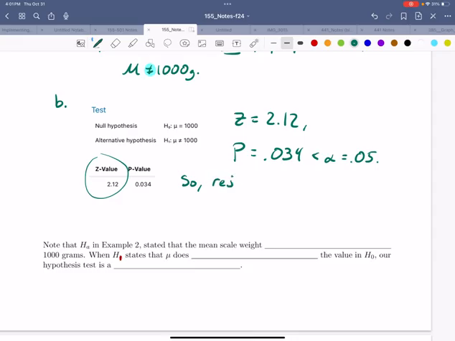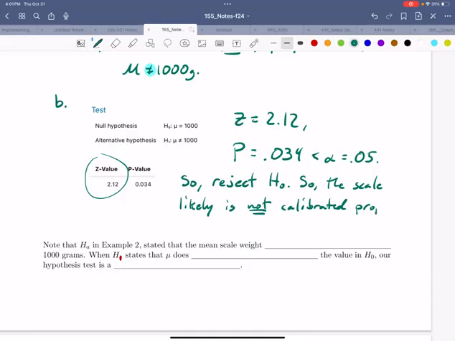So reject the null hypothesis. So the scale likely is not calibrated properly. Okay? Now note that in this example, this stated that the mean weight did not equal 1,000 grams.